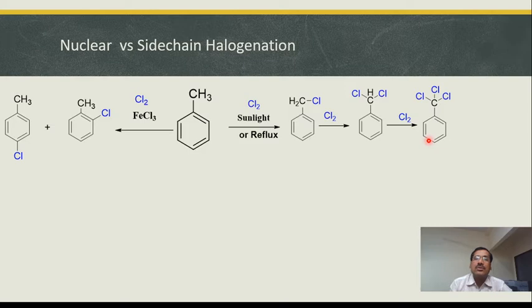So toluene is a very good system to understand nuclear versus side chain halogenation. Here you can clearly see that in the presence of a Lewis acid like FeCl3, nuclear halogenation takes place, but in the absence of a Lewis acid, in the presence of sunlight, a free radical pathway takes place and results in side chain chlorination.